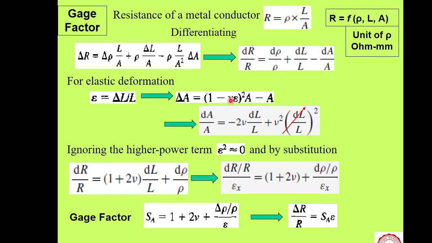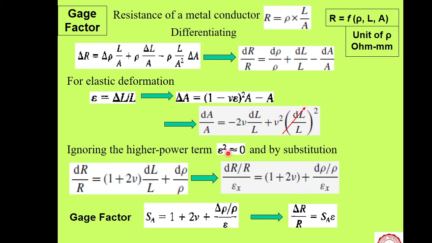The second term is minus twice nu into epsilon, which is written as dL by L. This part is nu squared into epsilon squared, which means dL by L whole squared. As epsilon is a small quantity, its square is much smaller. We are neglecting this, ignoring the higher power of strain epsilon.